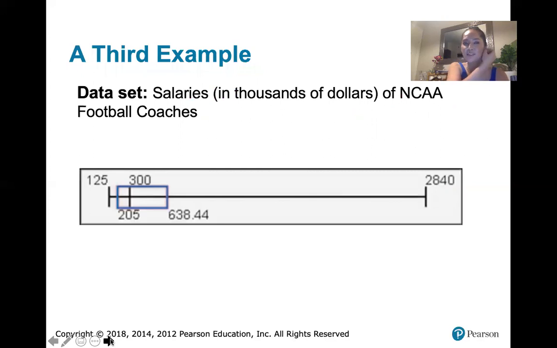Here's one for salaries, in thousands of dollars, of football coaches. So it looks like in our data set, we have a minimum salary of $125,000. The first quartile is at $205,000.